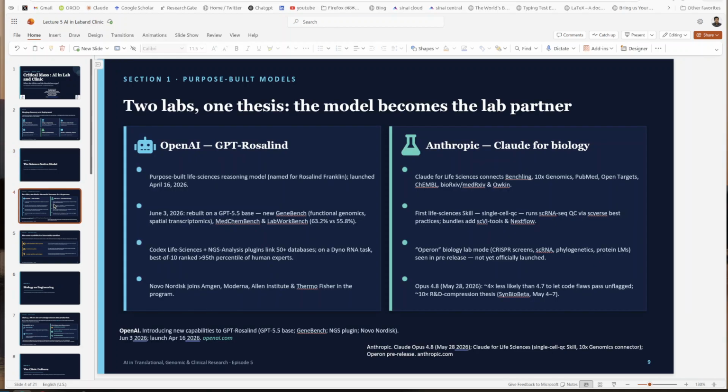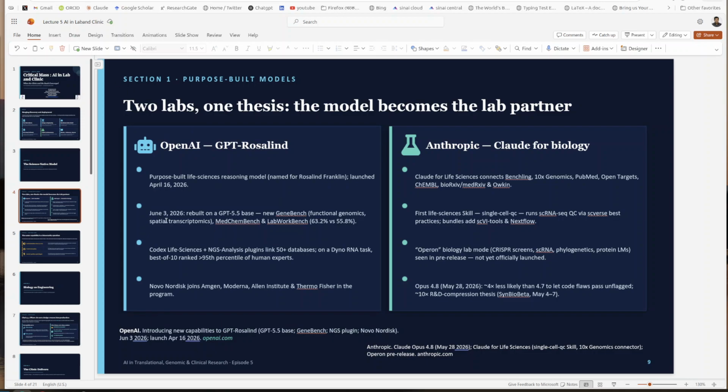OpenAI, one of the earlier companies who started this entire AI revolution, has ChatGPT and they have updated their GPT Rosalind. For your context, if you watched my earlier lectures, GPT Rosalind is specifically built for biologists or life science people, and it is supposed to be a game changer.